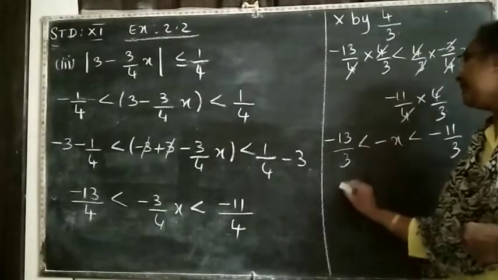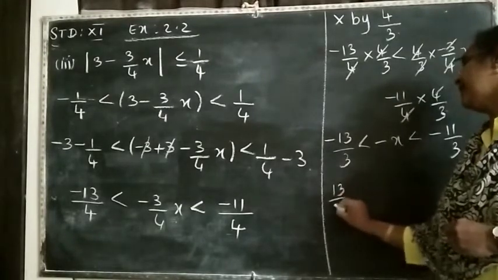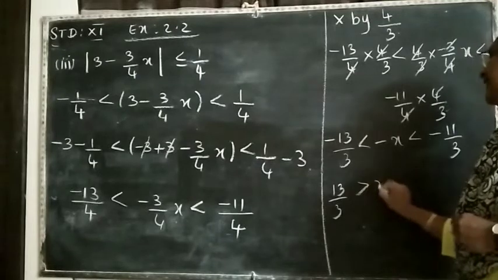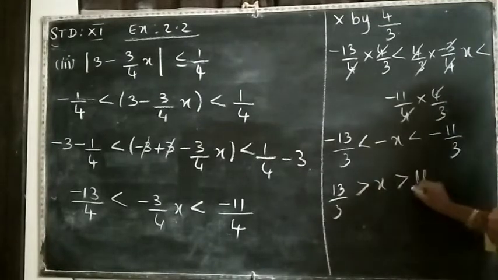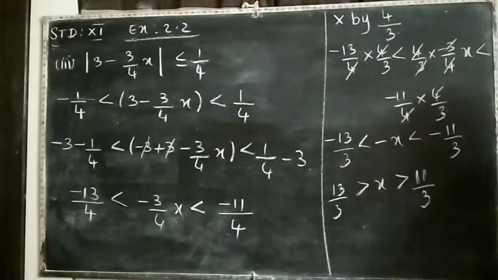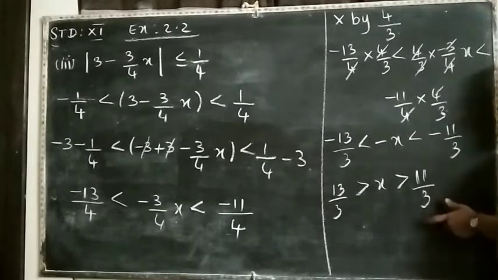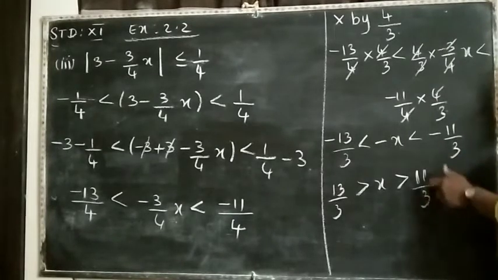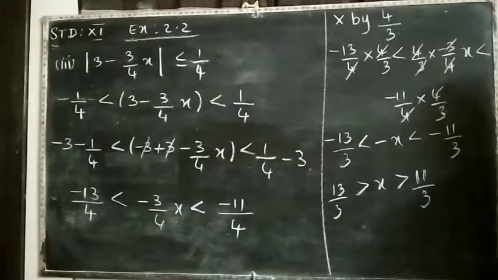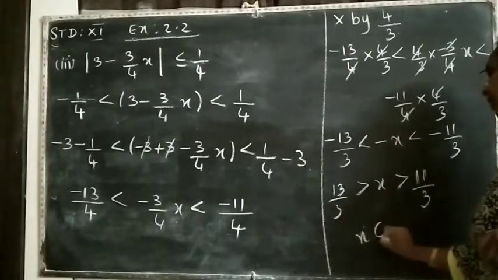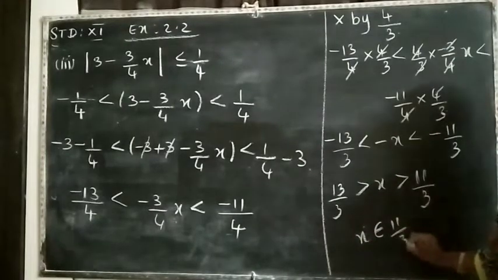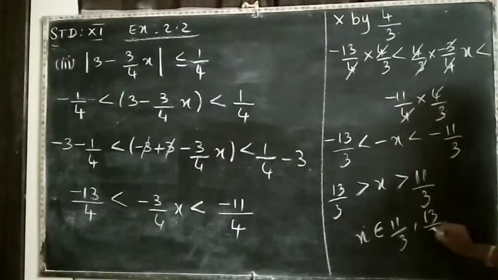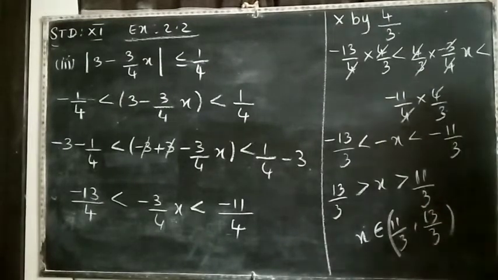Okay, so what will I get? 13 divided by 3 greater than x greater than 11 divided by 3. Now look into this. Which is the least value? 11 by 3. Which is the upper value? 13 by 3. So now x belongs to 11 by 3 comma 13 by 3, that will be the answer.